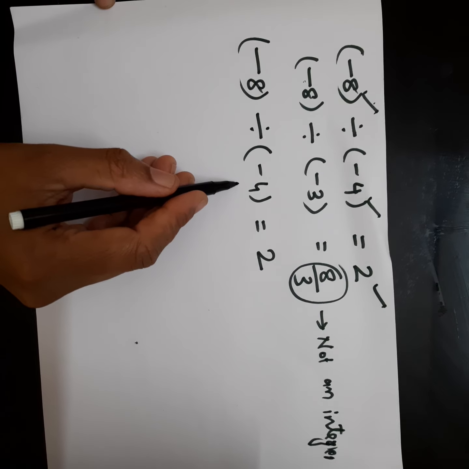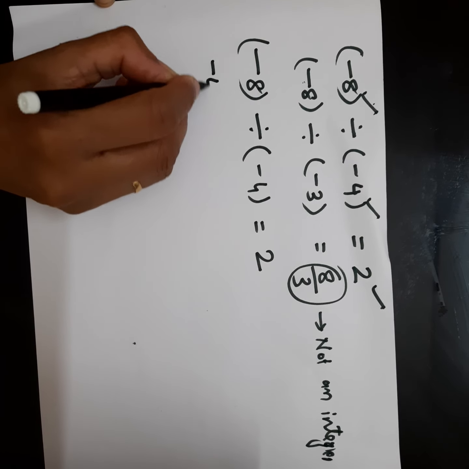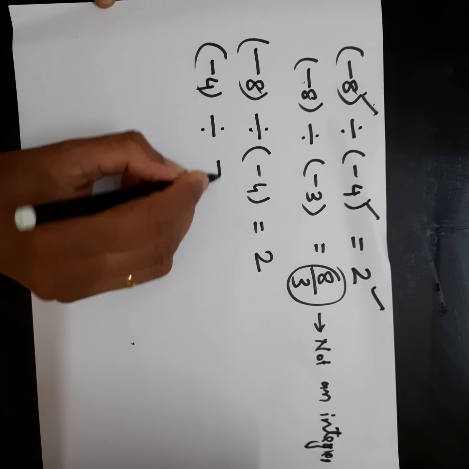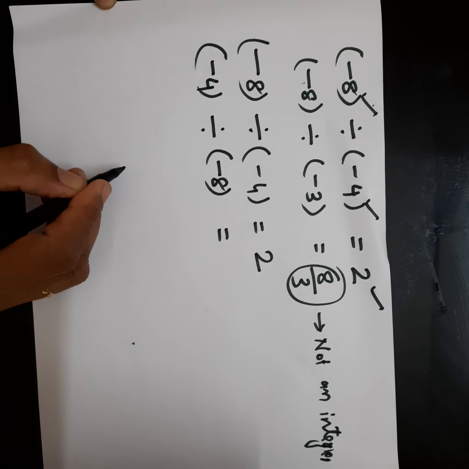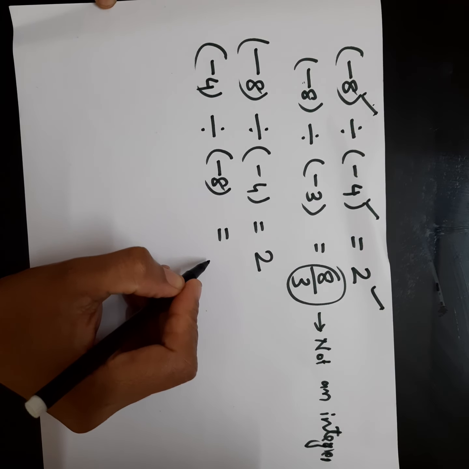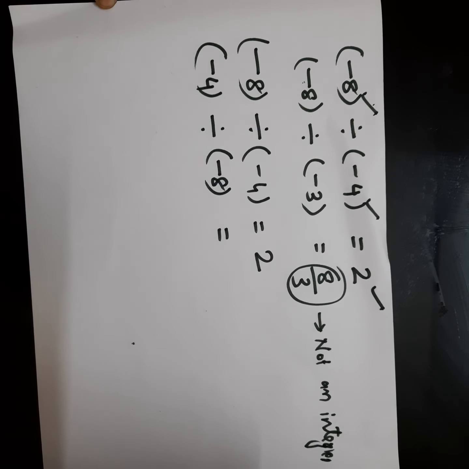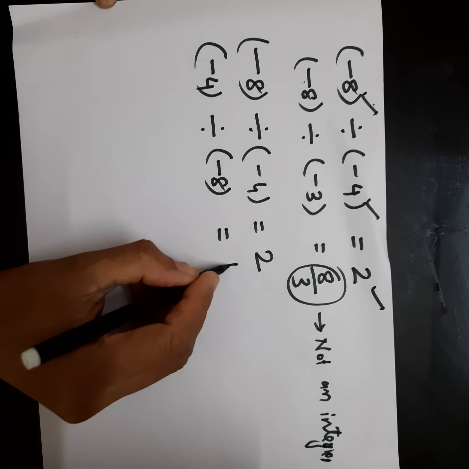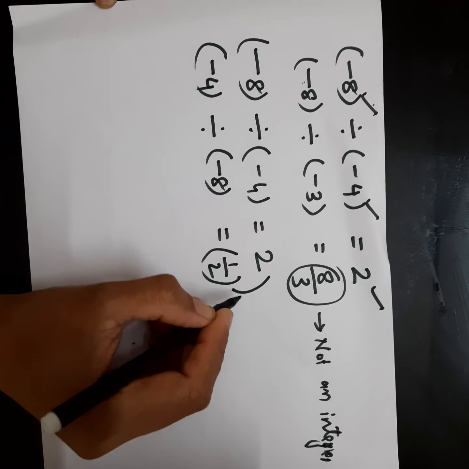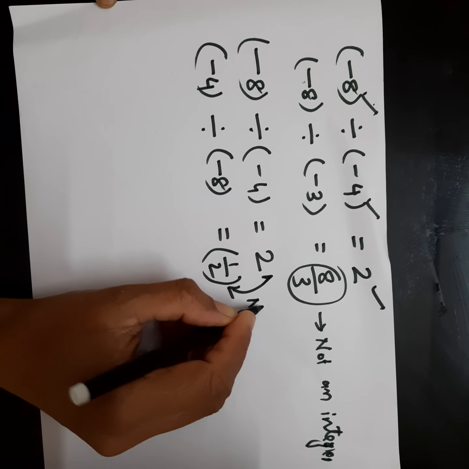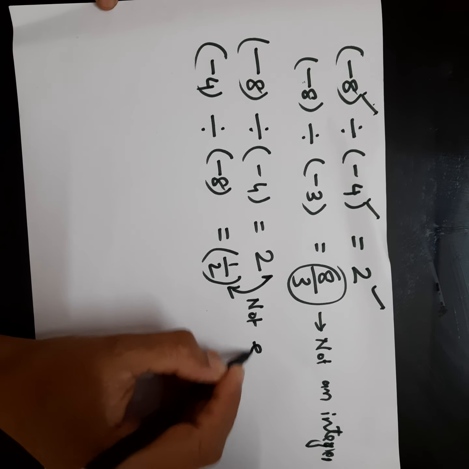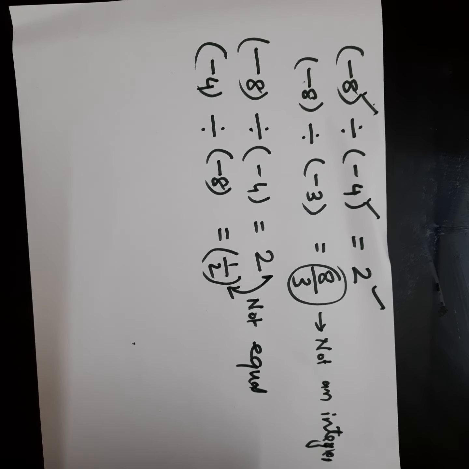Now let us change the order. Minus 4 divided by minus 8. Is it 2? No, it is not 2. It is 1 by 2. They are not equal. 2 and 1 by 2 are not equal. So we can say division is not commutative for integers.